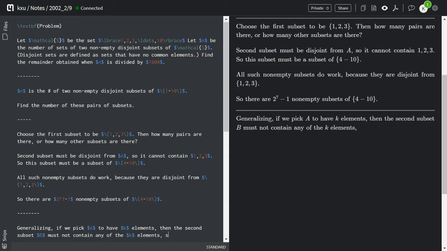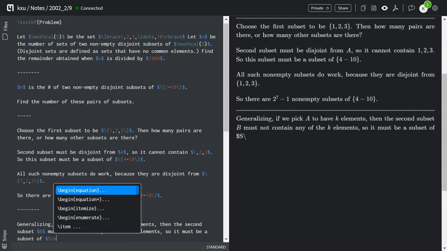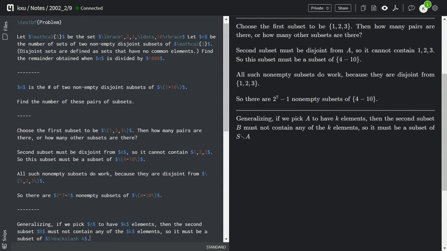So it must be a subset of A complement, or S minus A. This means the elements that are in S but not in A. And how many elements does this complement have?